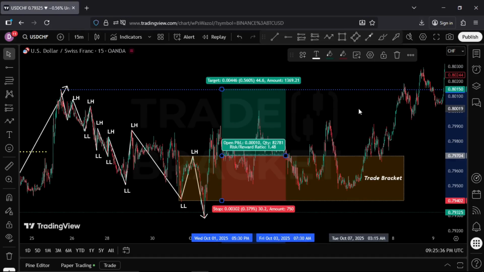Like I said, this trade didn't meet our at least 1 to 2 risk to reward ratio criteria, so it is not eligible for us to execute. We will not take this trade. Let's wait for another trade.